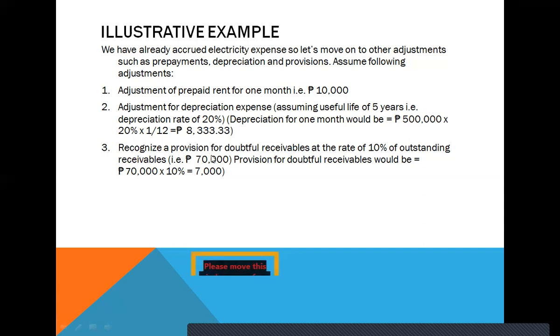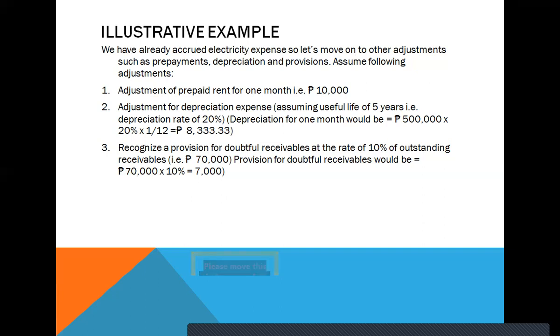Now, recognize a provision for doubtful receivables at the rate of 10% of outstanding receivables, because we cannot be sure that the accounts receivable will be collected in full.